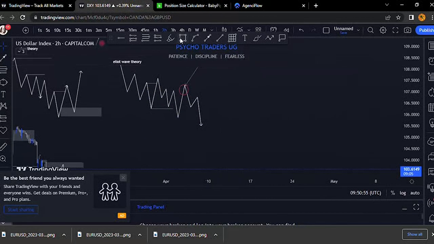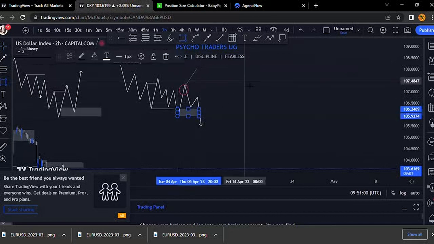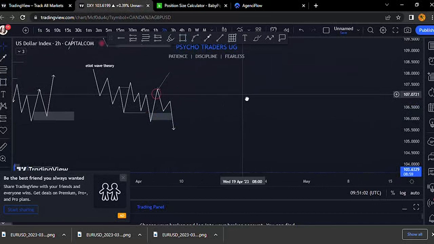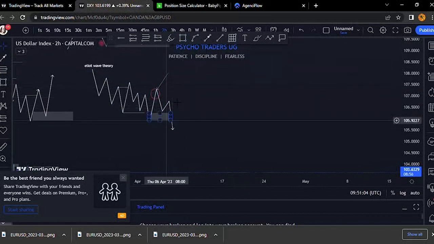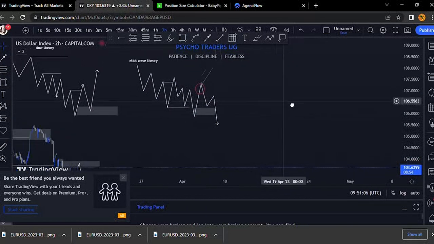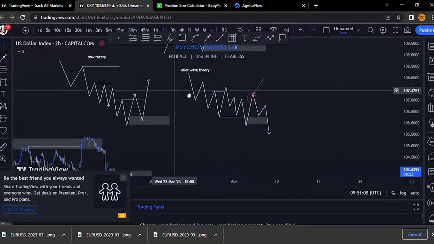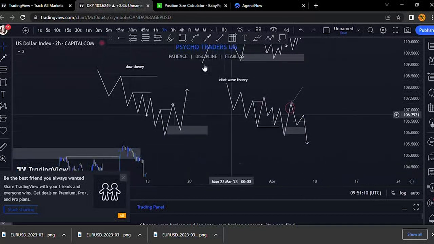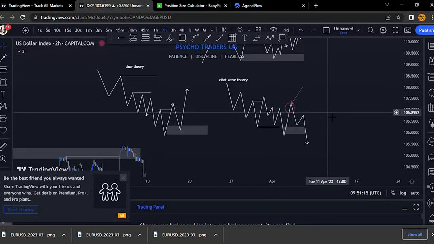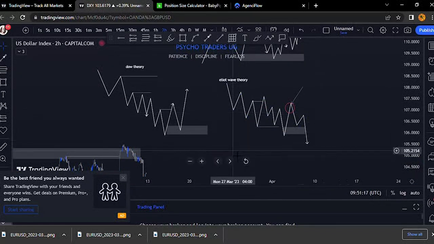Most retail traders are looking to buy at this zone, but this normally doesn't happen. They just liquidate them and continue to the downside. So before doing anything else, you have to merge these two theories together and look at how you can perfect your market structure.